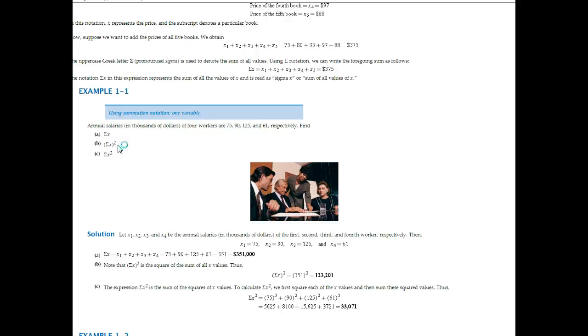So what does this mean? We start with i equals 1, we do something, then we put in i equals 2 and do something, then i equals 3, then i equals 4, then i equals 5, and then we stop. And what do we do each time? I take i times 2. First i is equal to 1, which gives 2 times 1.